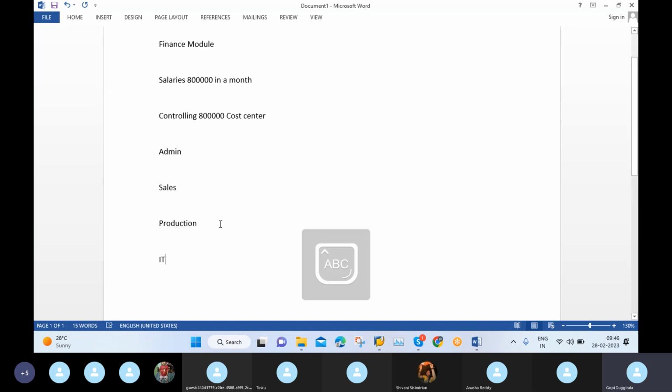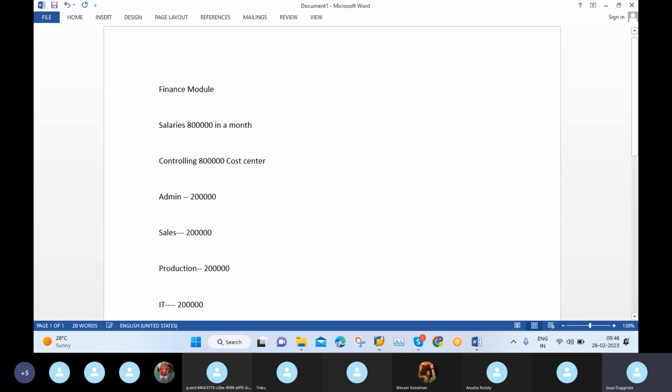We have these four departments in my business. In the admin department, we pay salary of 2 lakhs. In the sales department, we pay the same amount, 2 lakhs. The production department also we pay 2 lakhs, and in the IT department we also pay 2 lakhs.